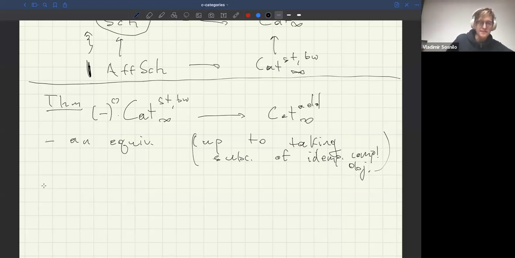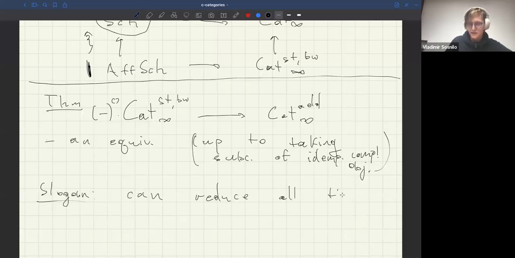So the slogan here is that you can reduce all theory to additive categories and connective ring spectra.